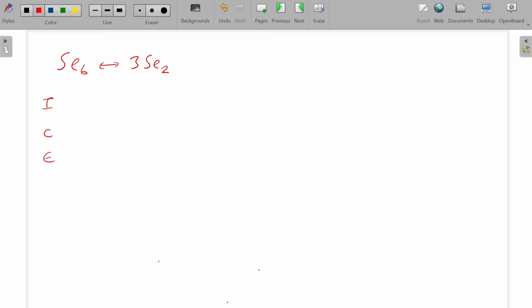So now on the initial part, selenium 6 is going to contain a certain number of moles, and the other part is going to have 0, because initially we only have selenium 6 here before it changes to the other part. So we'll have an amount of moles on this selenium 6 side and the 0 on the other side.